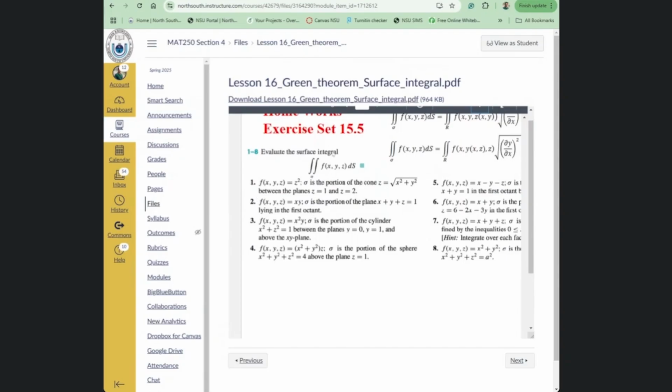How one problem differs from another is that the surface definition and the function of x, y, z change. Changing these two pieces of information, the problem varies from one to another.